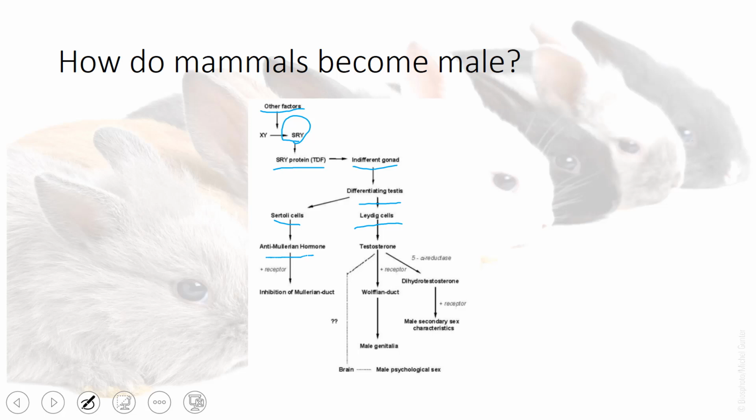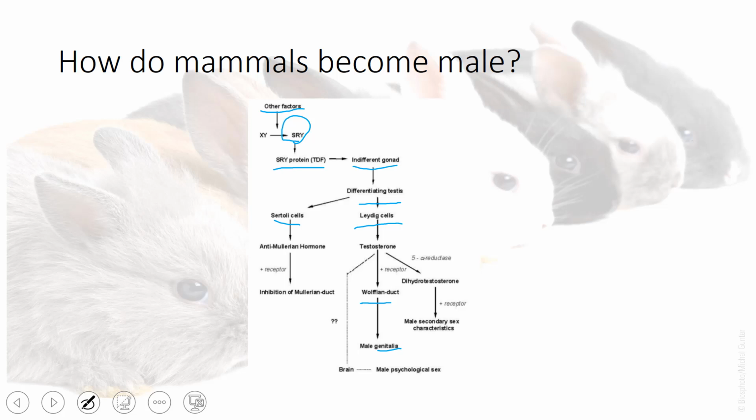And then the Leydig cells secrete testosterone. Once testosterone starts to show up, it triggers the Wolffian duct to develop into a complete male reproductive tract, complete with the male genitalia.